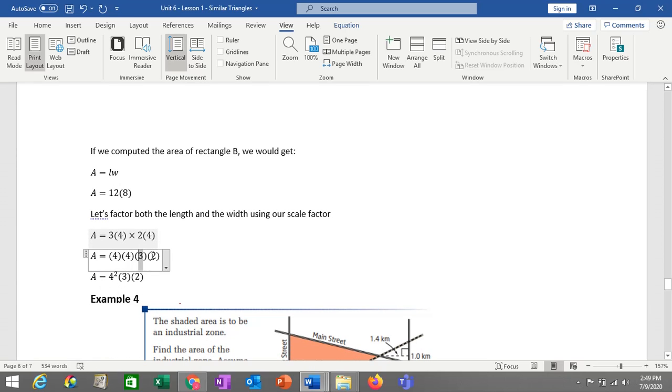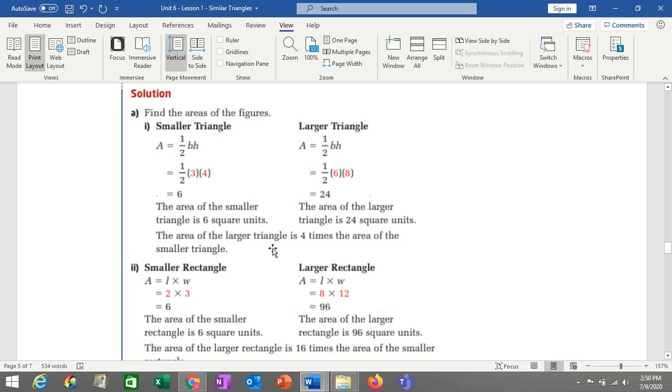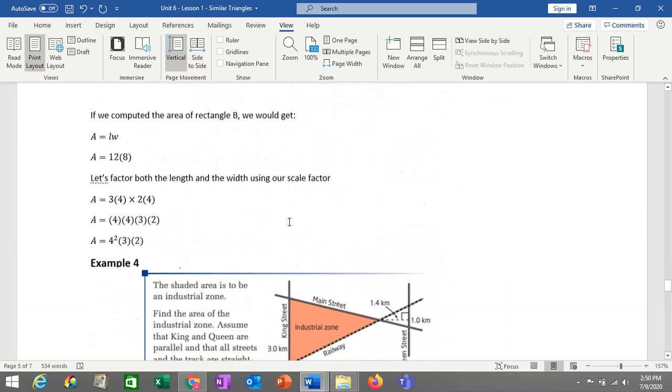And so now you'll notice here I have 3 times 2. Well, that's the area of your original figure, right? The area of your original figure is 3 times 2. So on the outside, I have 4 twice because I had to take 4 out of both sides. And so that's why it's 4 squared. You have 4 twice. 4 times 4 is 4 squared. Okay? So you don't need to prove that, but you might need to use this idea that when you're scaling up areas, don't go by the scale factor, go by the scale factor squared.